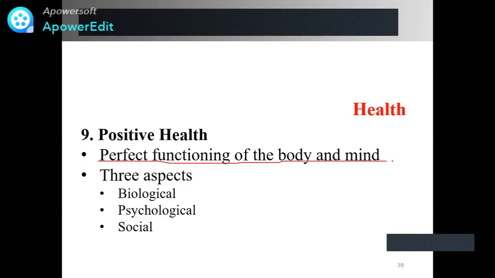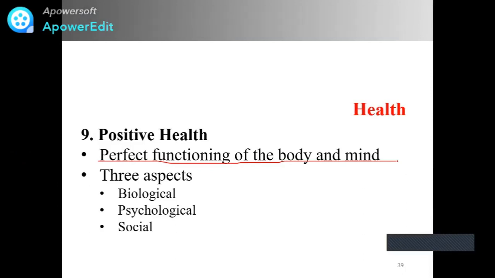It includes all three aspects: biological, psychological, and social.